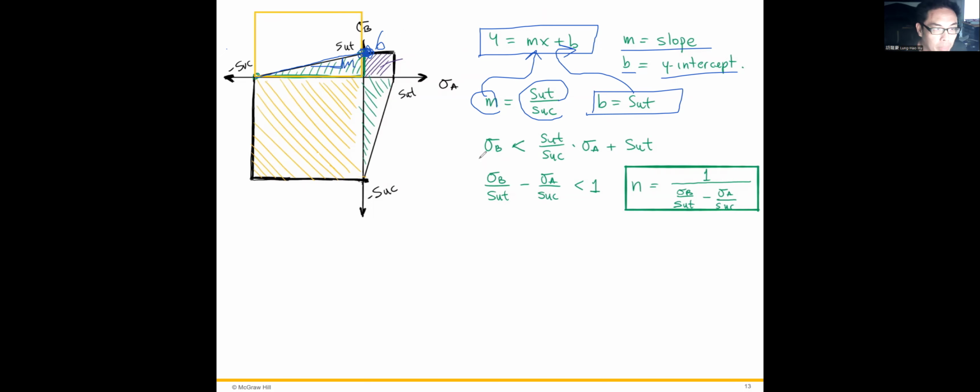So we plug these numbers in, and we get sigma B is less than or equal to S_UT divided by S_UC times sigma A plus S_UT.